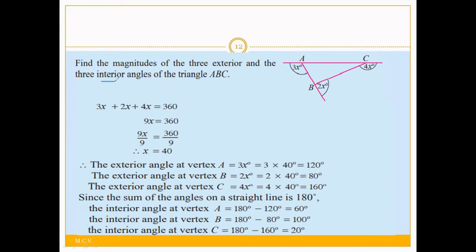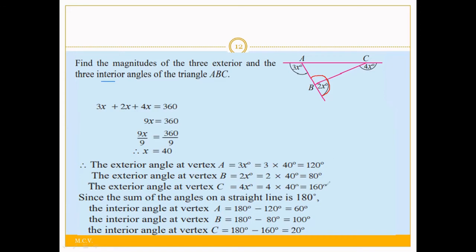Now you have to find the interior angles also. How to get interior angles? Here, when you consider one vertex, interior angle plus exterior angle equals a straight angle. So if you know the exterior angle, you can get the interior angle by subtracting from 180.